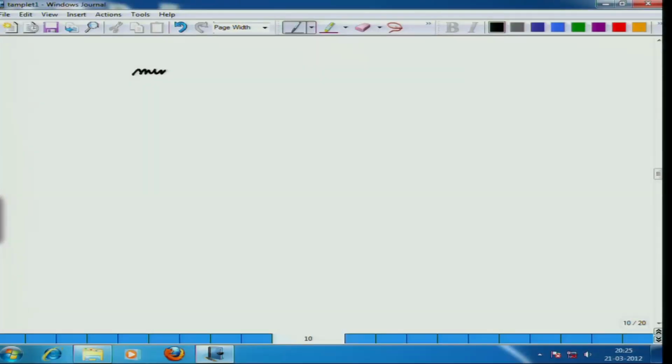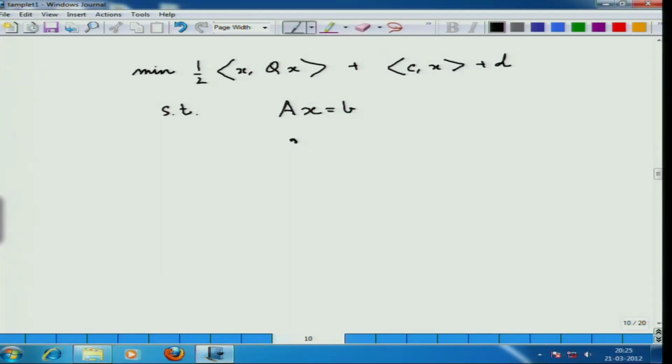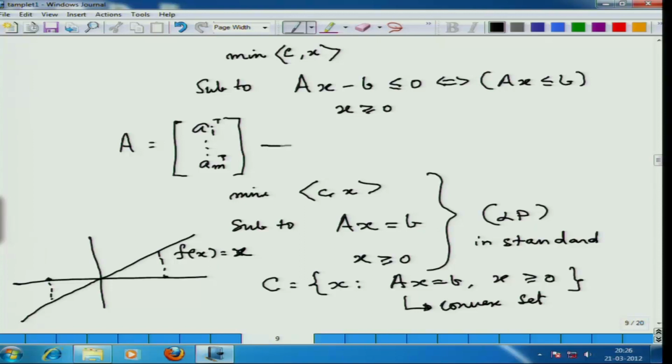So, another important class of convex optimization problems is the class of quadratic optimization problems under affine constraints, that is, minimize... Of course, A is again, just like in the last one, an M cross N matrix.